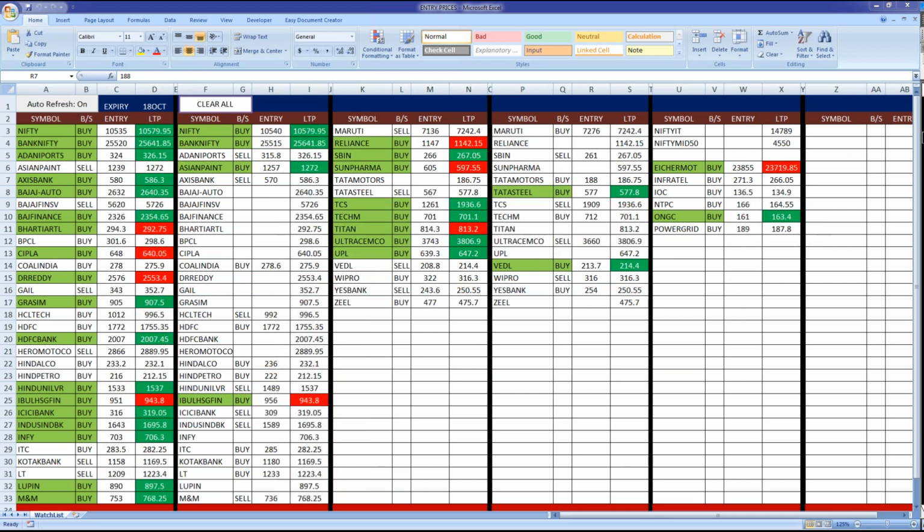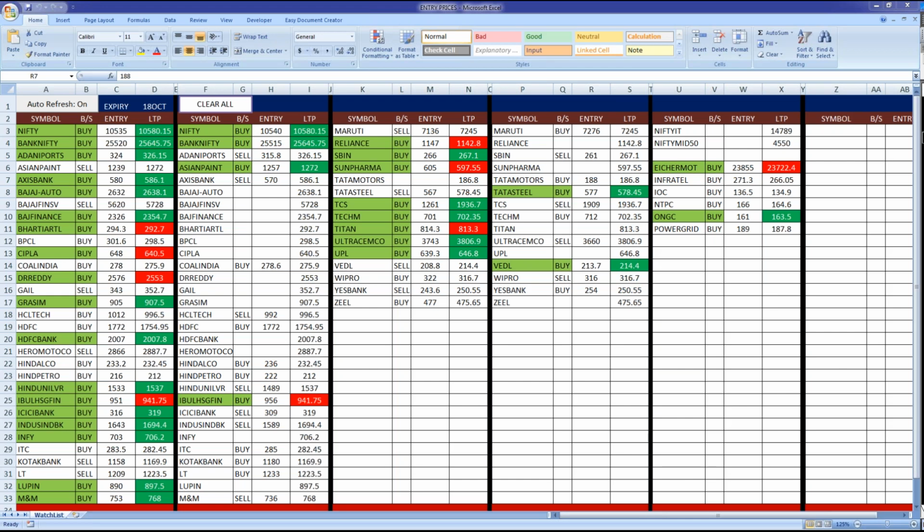Now let me tell you about Reliance. Reliance, my entry was 1147. So that's slightly down. My stop loss here will be 1139. So in case you want to exit, you can exit Reliance.